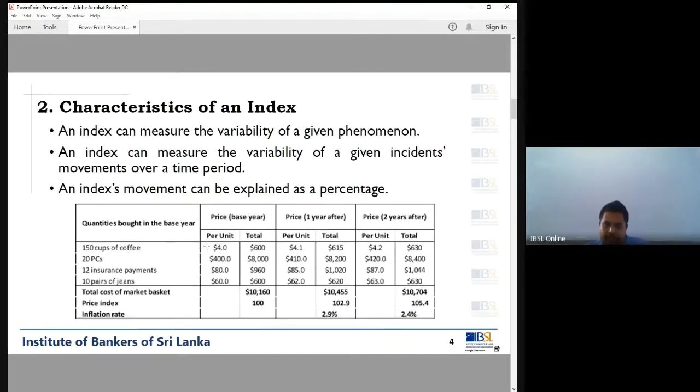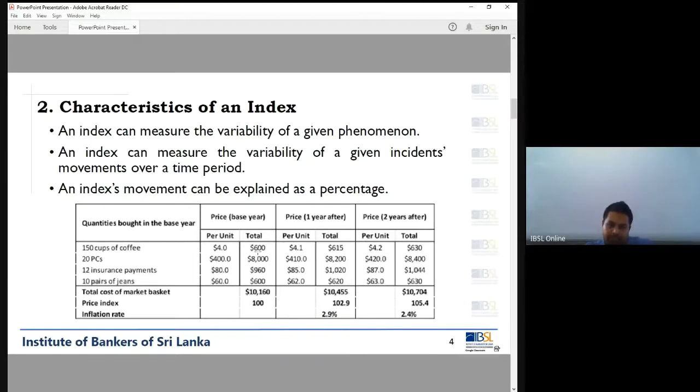When we have the prices, let's say a cup of coffee is $4 and it has moved to $4.1 and it has moved to $4.2. Similarly, for all the other items, we have the price per unit in these columns. When you're going to construct an index, what we have to do is simply take the multiplication of the price and the quantity, provided that we are looking at a basket.